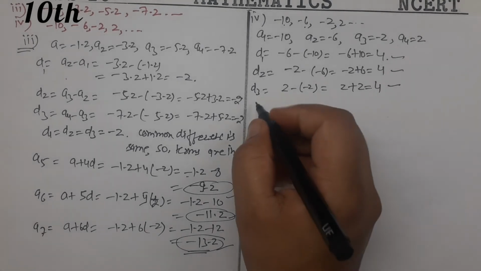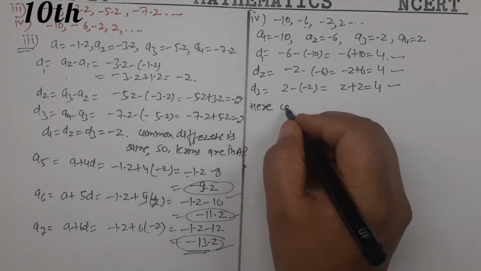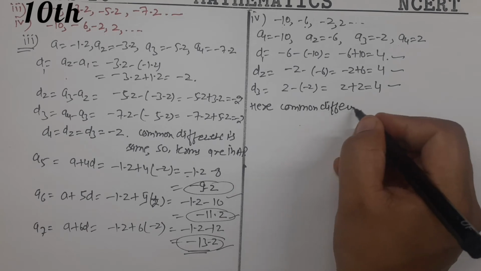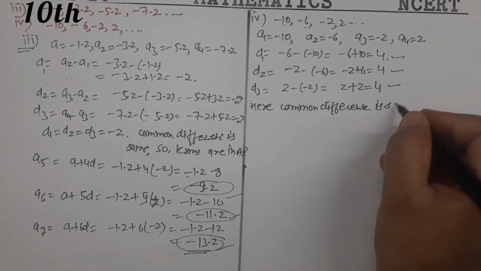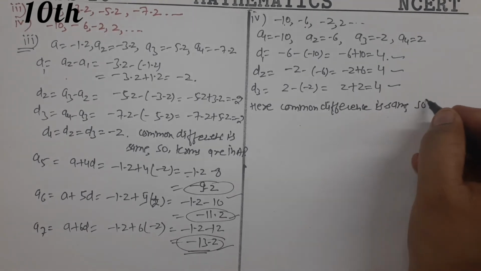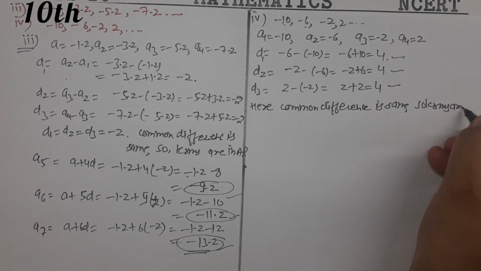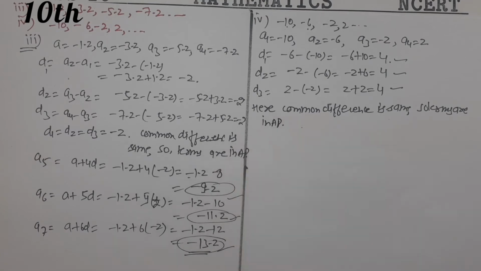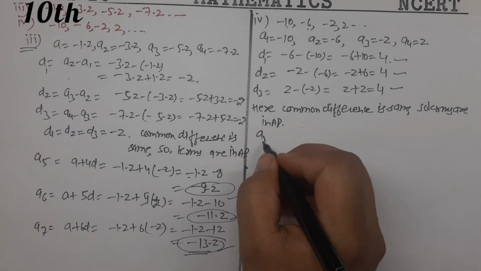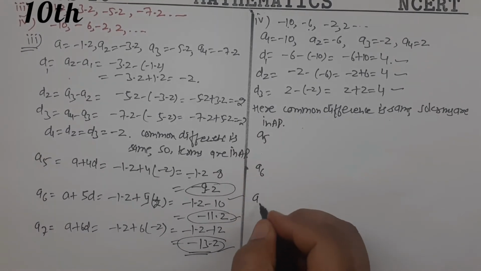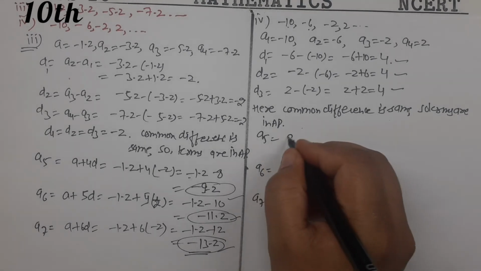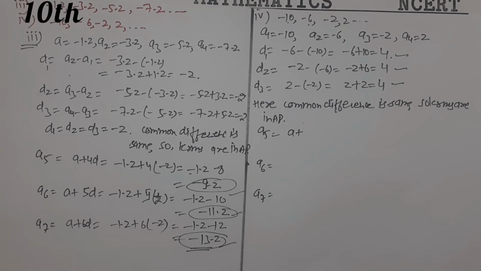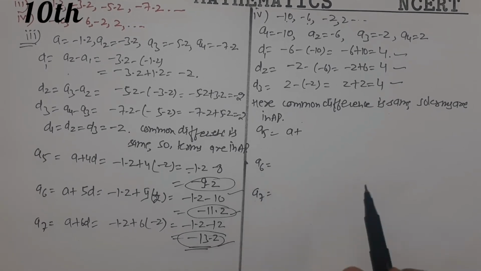Here d is the same. So the terms are in AP. We will find 3 more terms, a5, a6, a7.